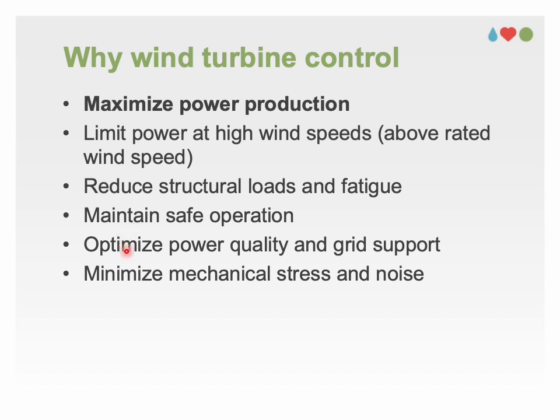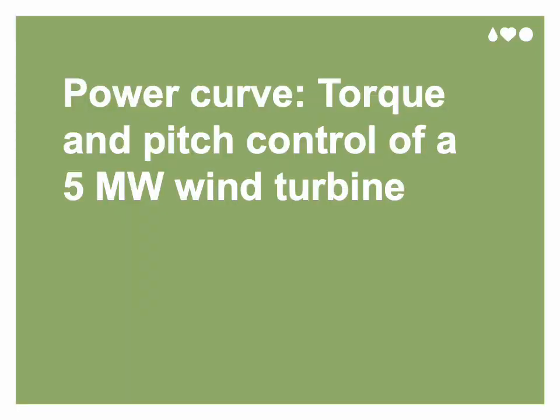The controller optimizes power quality and grid, and also minimizes mechanical stress and noise through smoothing control actions and reducing drivetrain torsion and blade vibration. In this video, I explain very briefly two control strategies, namely torque control and pitch control. I then focus in more detail on torque control.